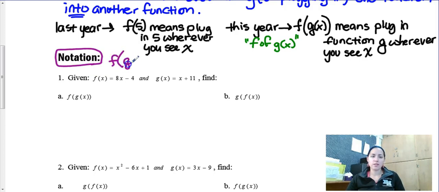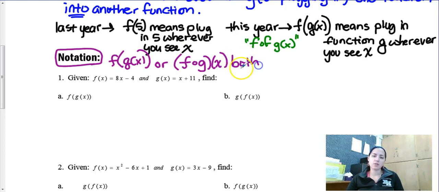could be like this, like I just wrote up here, or f, and then there's a little open circle, g in parentheses of x. Both mean f of g of x.